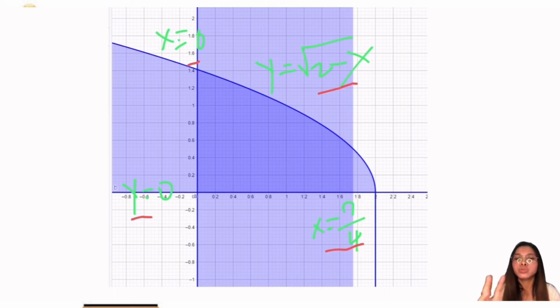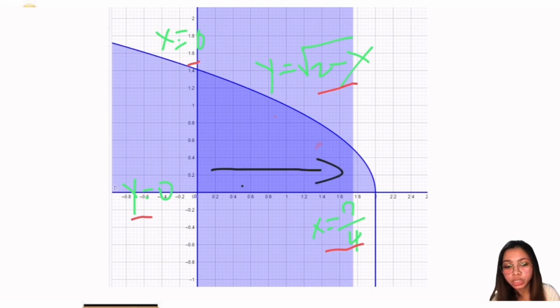Now you can do the dx first here, or you can do the dy first and then the dx. If you go with dx first, that means you are going to integrate in the x direction first and then y.